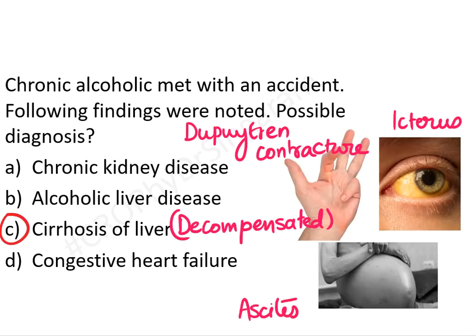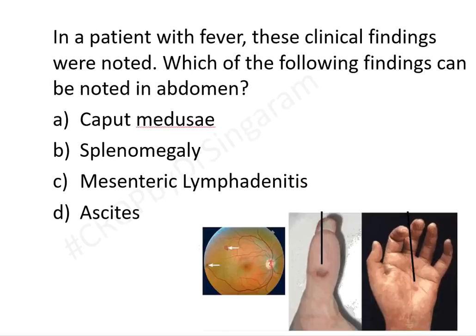It includes hepatitis, fatty liver, all those things, and it includes cirrhosis in the late stage also. But then you have one very clear option in the form of cirrhosis of the liver or decompensated liver disease, and it is better that whenever they give you the manifestation, you go for that option rather than just a broad option like alcoholic liver disease. Specific option, and the answer for this question is cirrhosis of the liver, which is decompensated liver disease. Let's move to the next question.